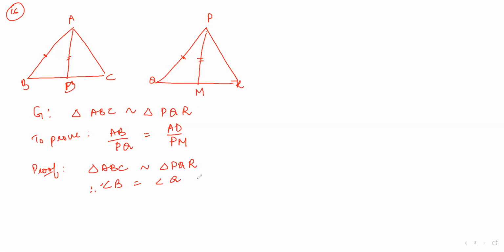Yes, corresponding parts of similar triangles. And also I can write that AB by PQ is equal to BC by QR, because all the sides are proportional since the triangles are similar.